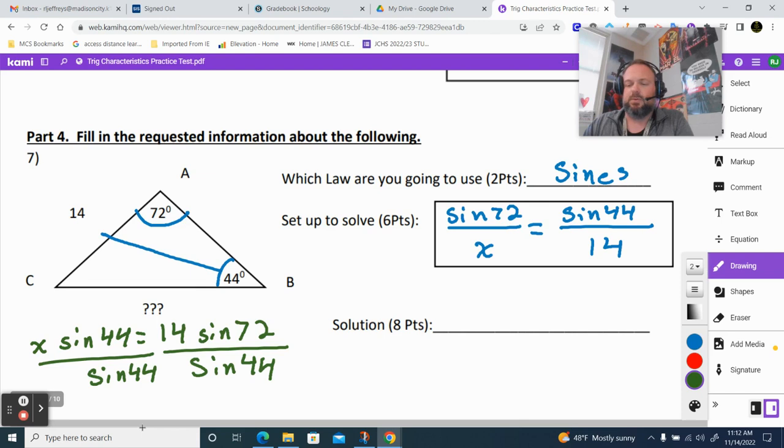You could say 14 sine of 72, get that, and then divide by the sine of 44. This gives us 19.16. Remember, when we're finding a side, we round to the nearest tenth. So this would actually be 19.2.